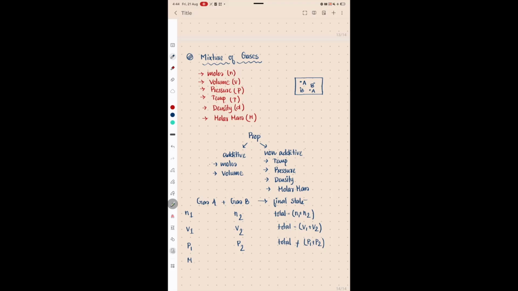Molar mass, gas A of M1, gas B of M2: the final state molar mass will not be equal to M1 plus M2. Similarly, density, gas A has density D1, gas B has density D2. In the final state, total density will not be equal to D1 plus D2.